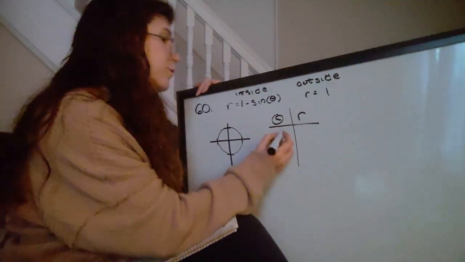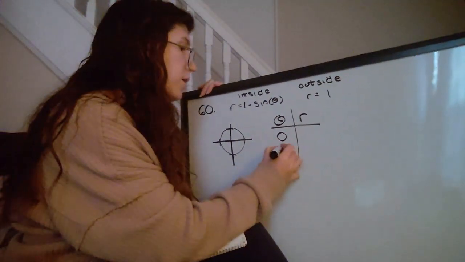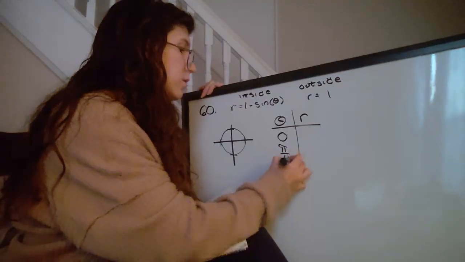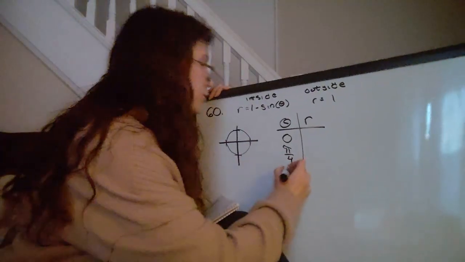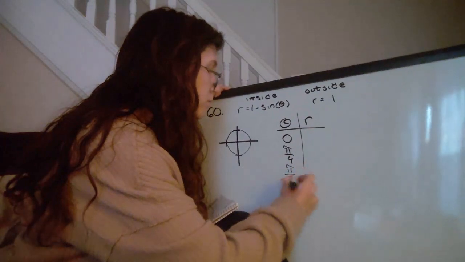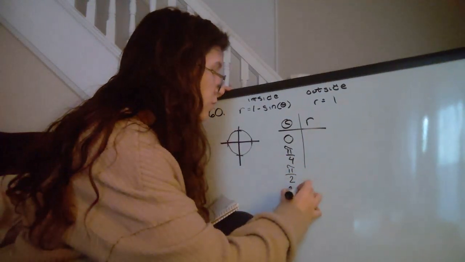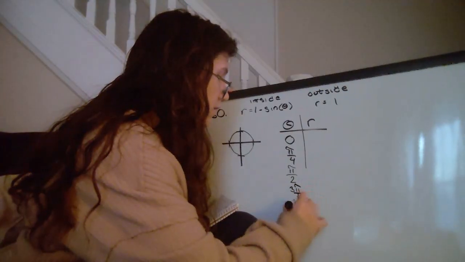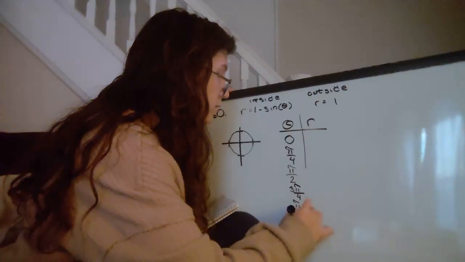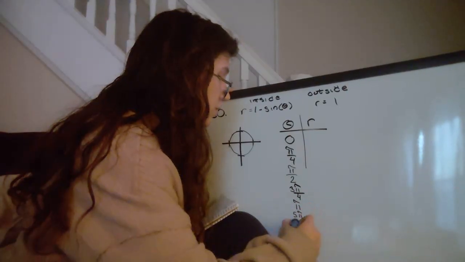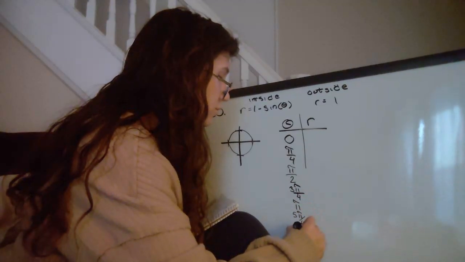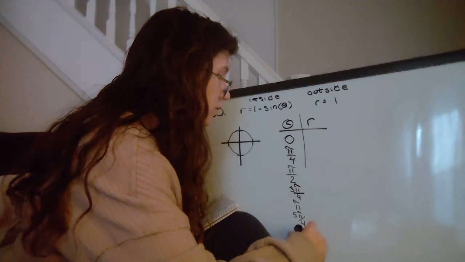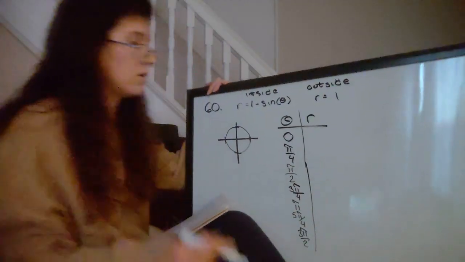I thought it was good for me to do 0, pi over 4, pi over 2, 3 pi over 4, pi, 5 pi over 4, and then 3 pi over 2. Honestly, that should be enough there.